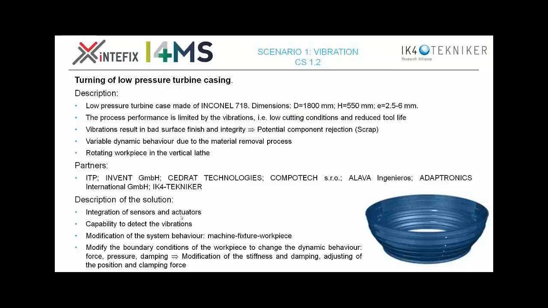Here by actuators we can understand different options, and we will try options like vibration absorbers, both active and passive, and also we will try to introduce intelligent fixture elements able to modify the clamping force and the clamping position of the workpiece in order to modify the boundary conditions and change the dynamic behavior, basically by modifying the stiffness and the damping in different areas of the component.